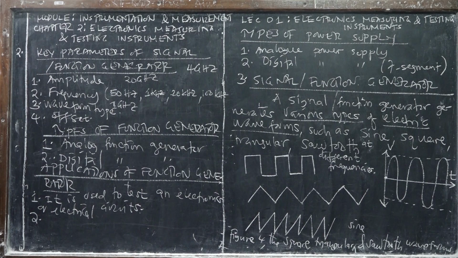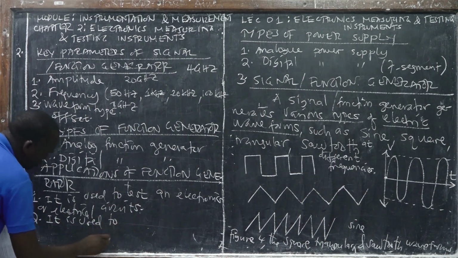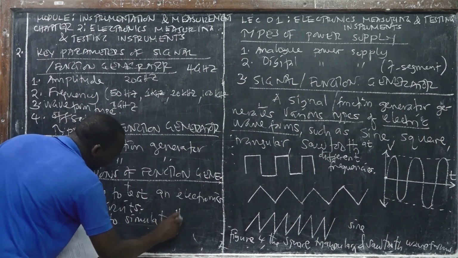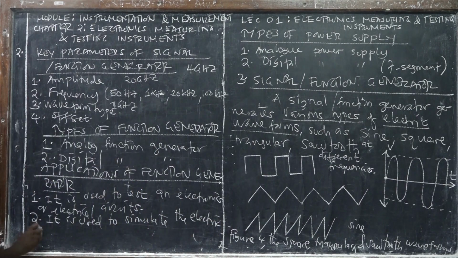Number two, a function generator is used to simulate electric signals.